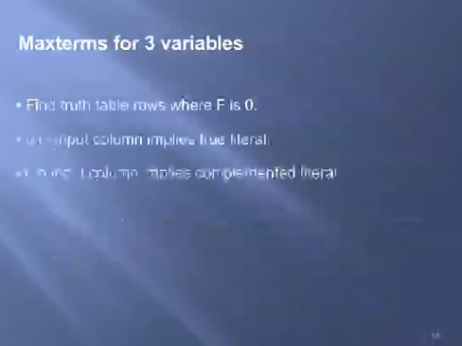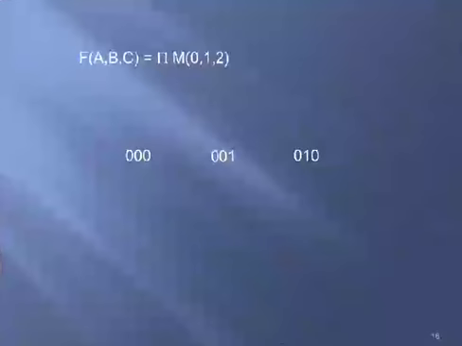I am considering the same example that we considered for explaining SOP form. In the case of product of sums, f of a, b, c is equal to pi, that is multiplication. In the case of SOP form, I used summation because sum of products was being considered. Here it is the product of sums. So what are the sums here? Capital M of 0, 1, 2, for which the output is 0.